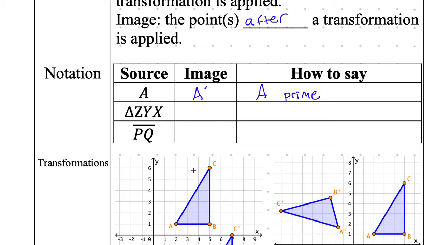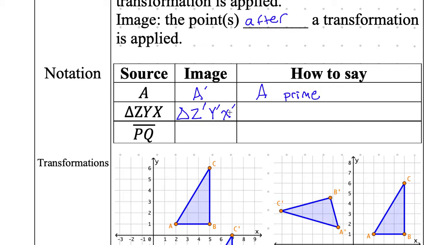If I had some triangle and that triangle was ZYX, if I want to find the image after the transformation, it will be triangle. Does anyone want to take a guess at it? Triangle. Quiet raised hand. Sergio? ZYX prime. Good guess. It's Z prime, Y prime, X prime. Thank you, Sergio. You still get your 50 XP. Our game warden is on it.